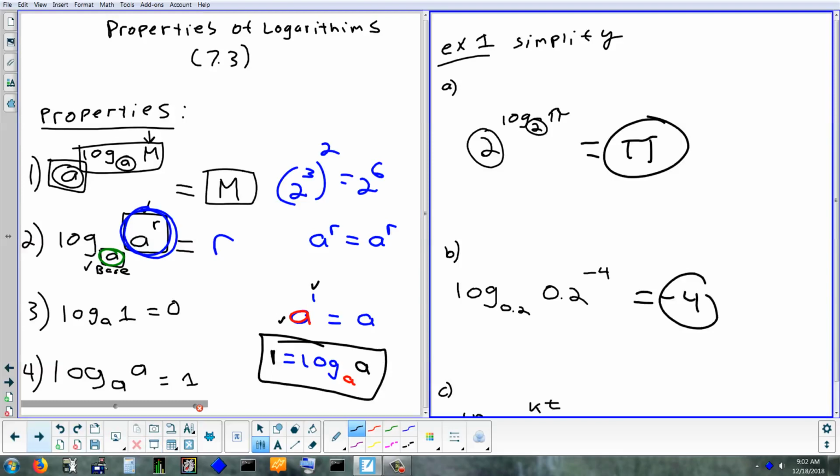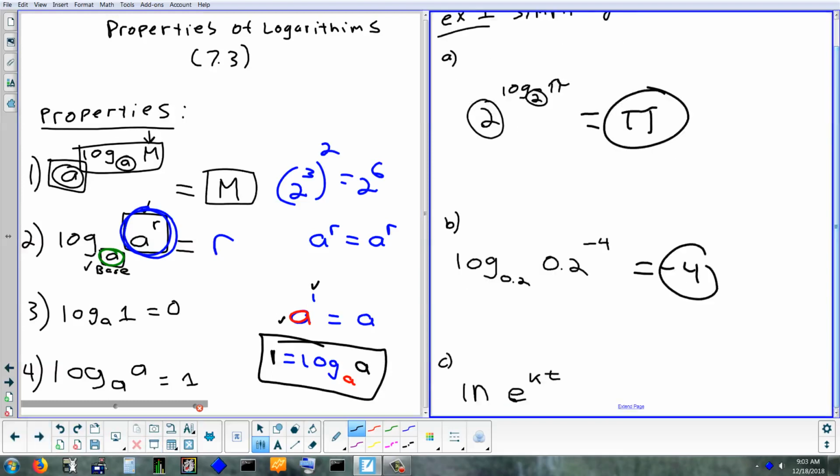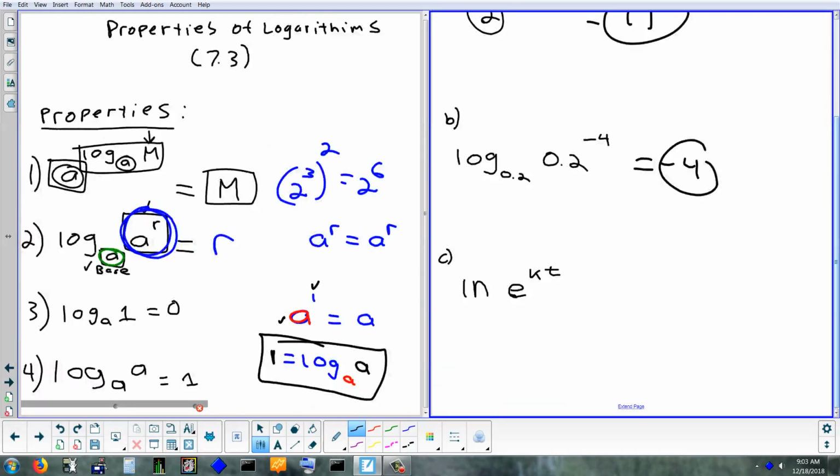All right. How about C? A little tricky, but it is one of the properties. Anyone think they see what property it is? Yeah? Is it the second property? Yeah, second property. How come?